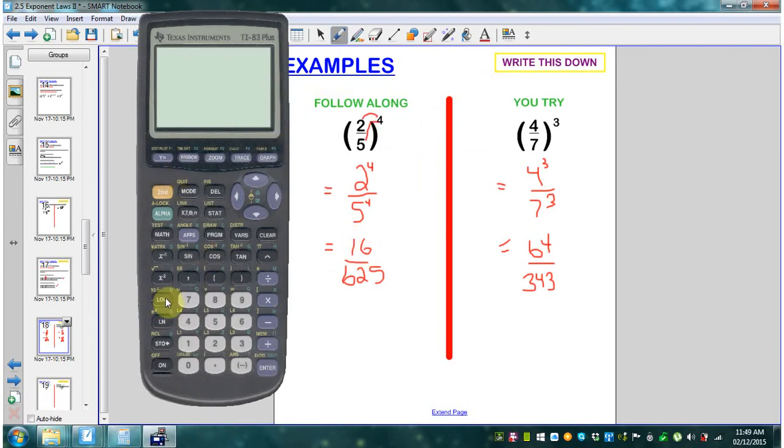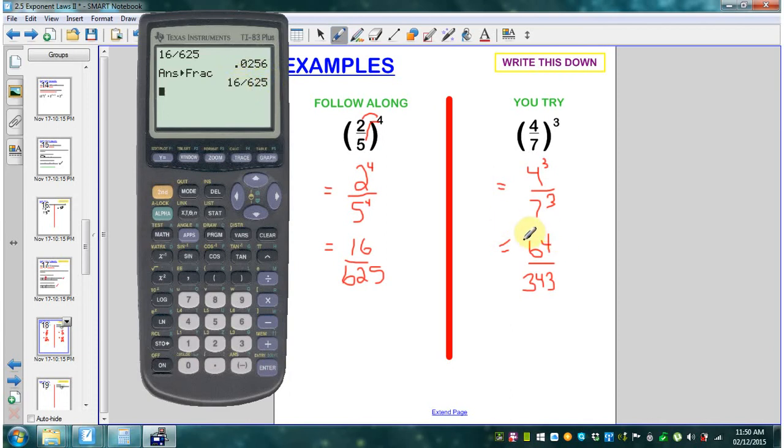Okay, so I'm going to plug these in. I'm going to show you a quick little trick to how you can simplify them. So 16 divided by 625, I'm just doing this fraction here, equals, and to check and see if it can be simplified, we press Math, Enter, Enter, and it cannot be simplified. If it could, it would spit out the fraction that is in its lowest terms.